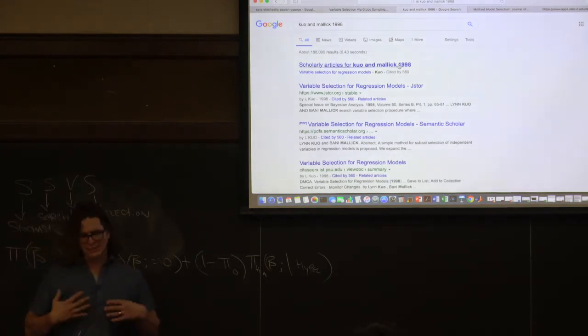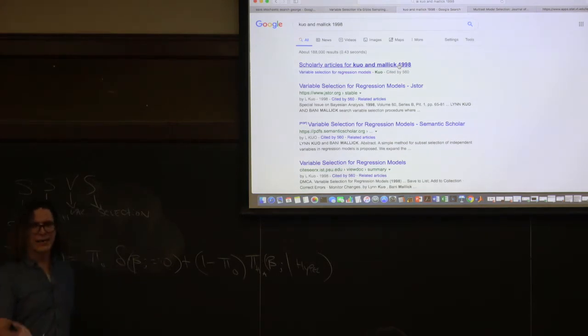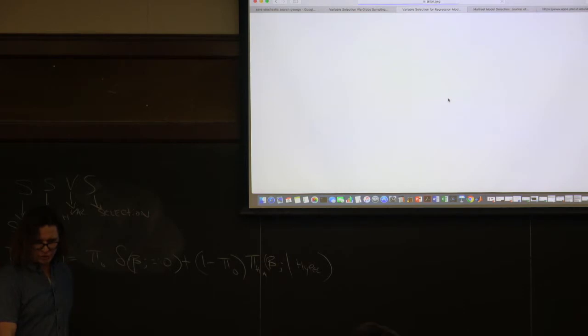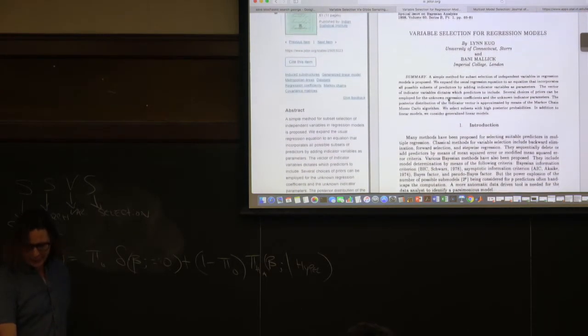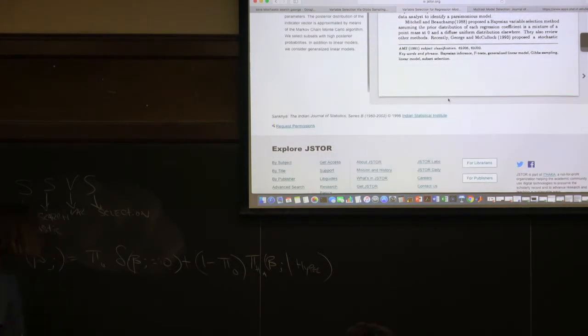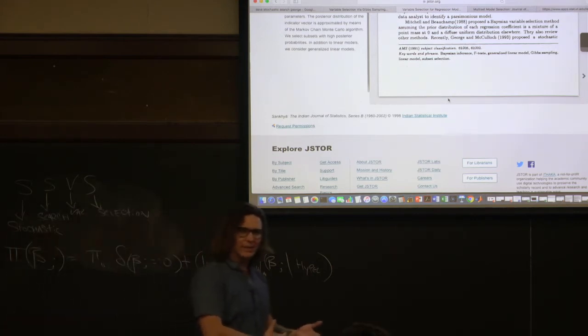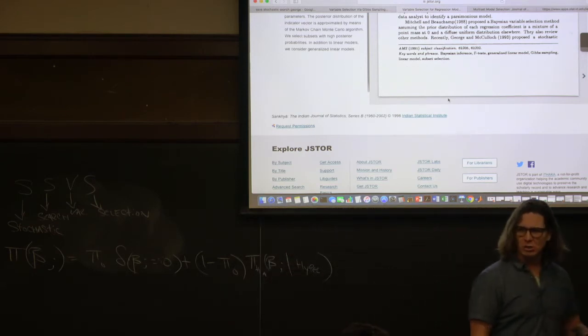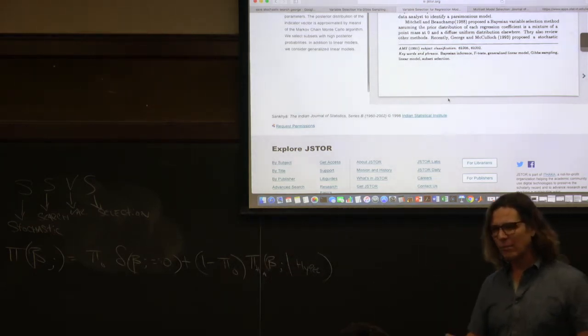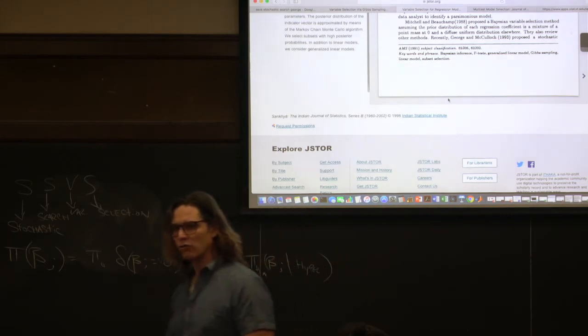And realistically, it's the exact same thing that was written down 5 years earlier, this by Kuo and Mallick. It's also in JSTOR. And they have a different representation for this particular model. So instead of betas, it's this continuous thing that's modeled by a point mass mixture. They talk about beta times gamma, where gamma is an indicator function.